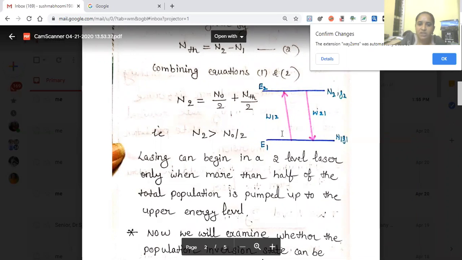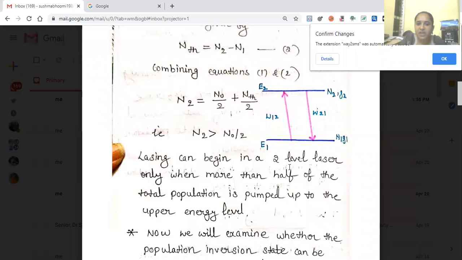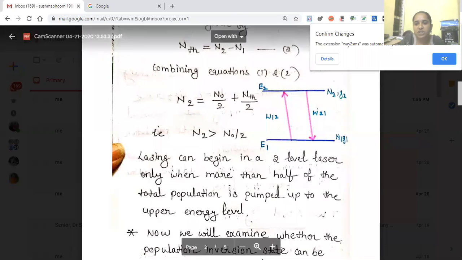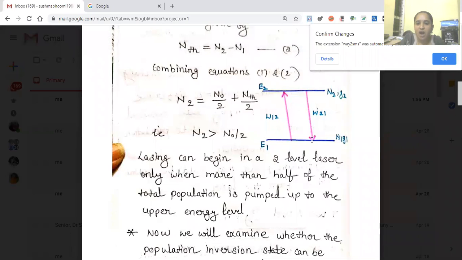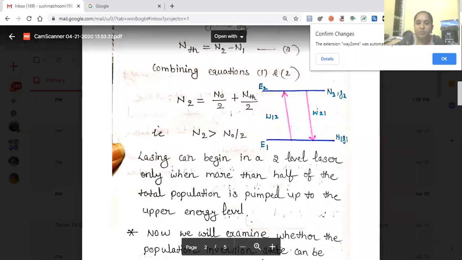So what we need to achieve is that lasing can begin in a two-level laser only when more than half of the total population is pumped up to the upper energy level. That is, half of all the atoms should absorb energy and be excited to the E2 state. Then only the lasing action begins.